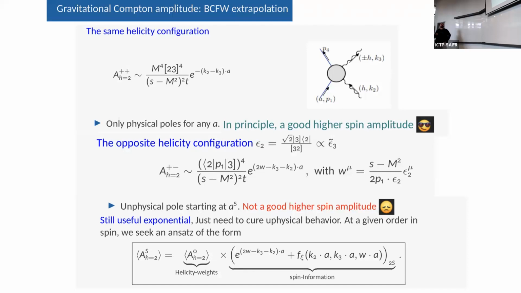It turns out that this exponential is just enough to capture the Teukolsky solution in the super extremal regime. We checked that up to spin to the 6, at least, the black hole perturbation theory solution just reduces to this simple exponential.